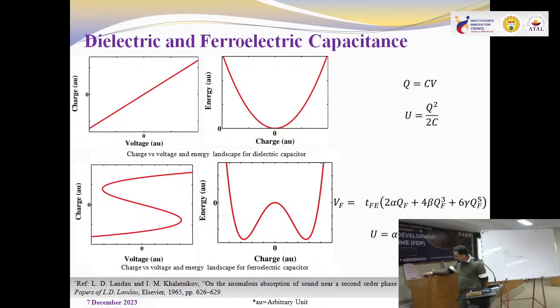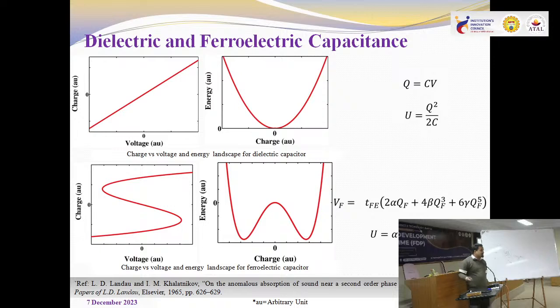Now if you see here, in this range to this range, when you are increasing the voltage, there is a decrease in charge. So gradient will be what? Gradient will be negative.